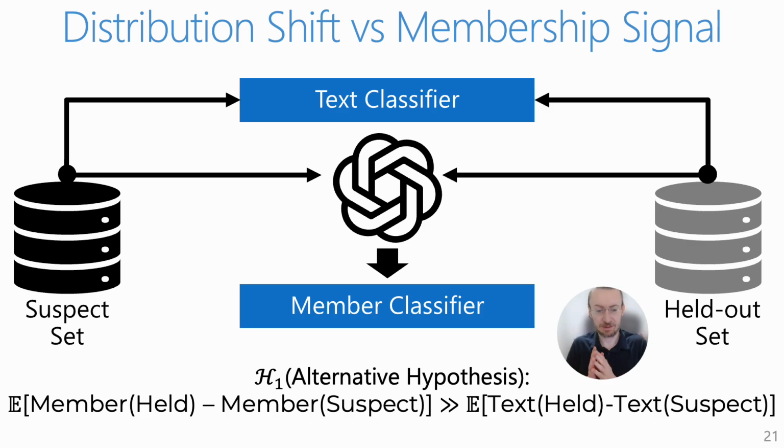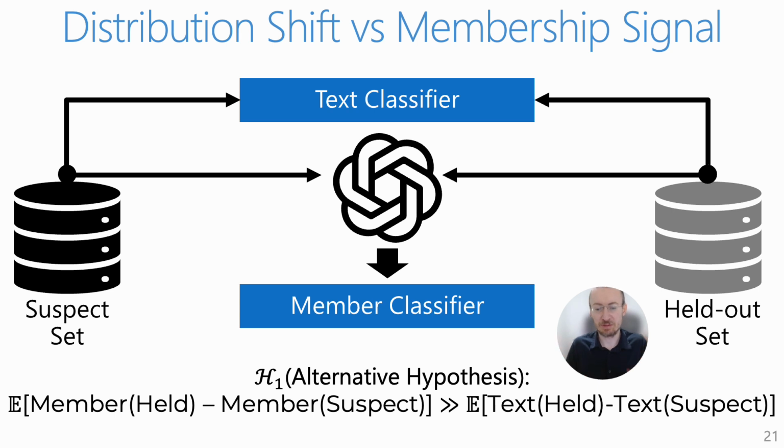For the text classifier, if the classifier was actually trained just on the text features, of course in this case we don't have any signal from the suspect set, and these features from the held out set and the suspect set should be roughly the same.